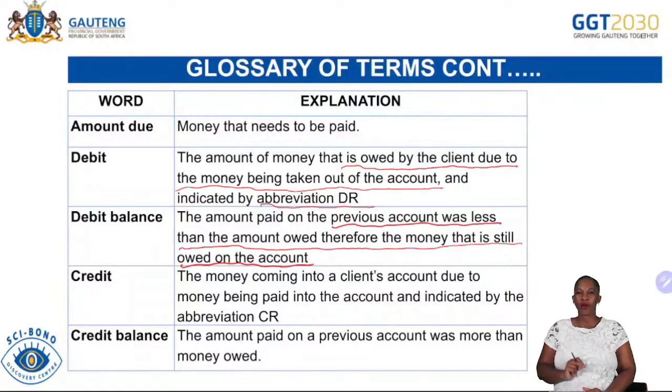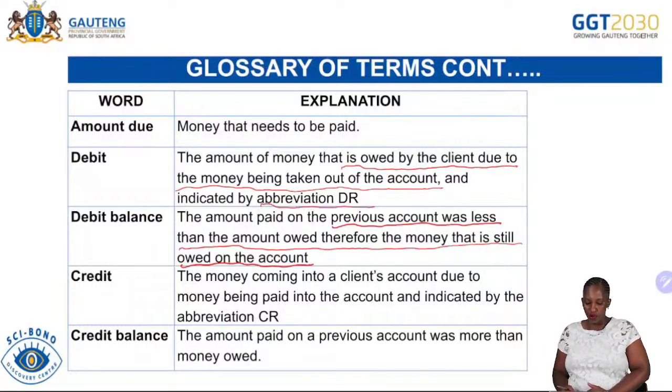Then you say, no, I don't have money. I'm not going to pay them 500 rand. Then I'm just going to pay them 300 rand. How much is remaining now? It is 200 rand. So it means 200 less of what you are supposed to pay. So the debit balance is the amount of money that you're short on paying the previous account.